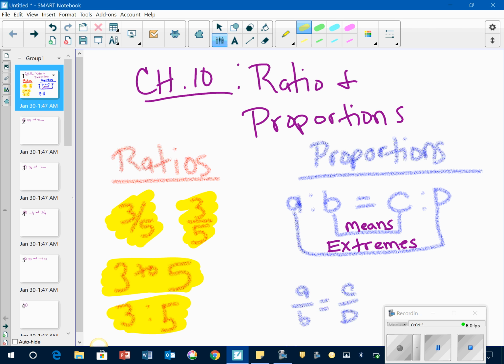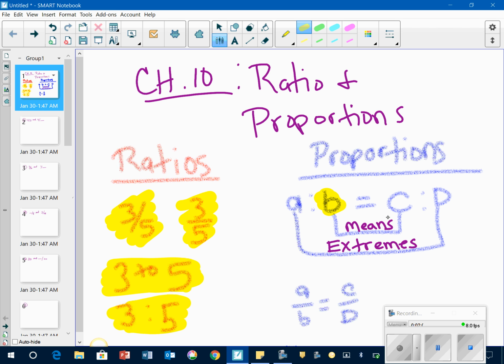Okay, so when you're solving problems using ratio and proportions, you should remember that the product of the means is equal to the product of the extremes. So a proportion is a name given to a statement that two ratios are equal. Proportions, of course, can be written in two ways, such as a fraction, A to B equals C to D, or using a colon, A colon B equals C colon D. That's what I used here.